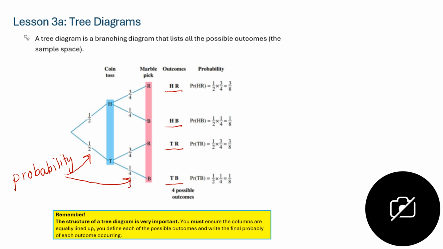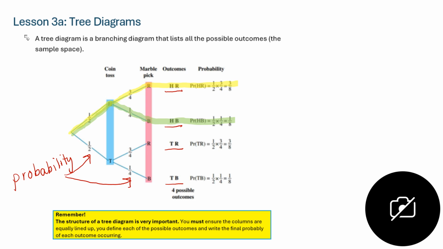So if we're following this first branch here, we start with the heads and then we pick a red marble. So a half times 3/4 equals 3/8. Let's keep following our tree here. We go through a half, we come down this branch here for a quarter, and we get 1/8. Let's continue going.